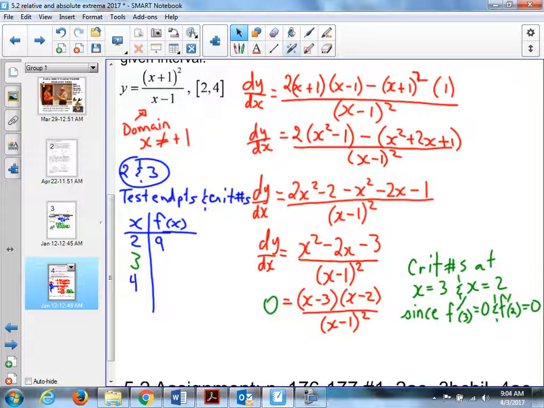At 3, okay, so 16 on the top. 3 plus 1 and then square. 16 divided by 3 minus 1, divided by 2 is 8. At 4, 4 plus 1 is 25. 25 divided by 4 minus 1, 3. 25 thirds.